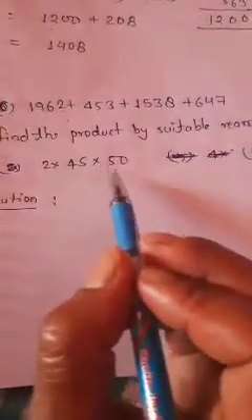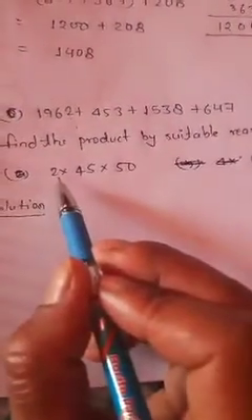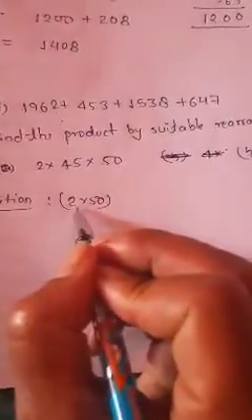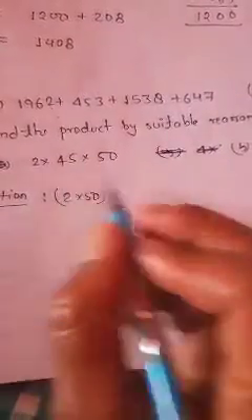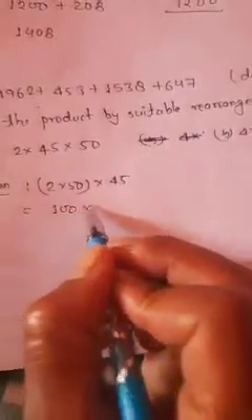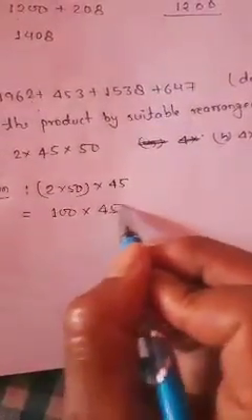You can see, students, if we arrange 2 and 50 together, 2 times 50 is 100, so it becomes simpler and easier. So 2 multiplied by 50 makes 100, and 100 multiplied by 45.